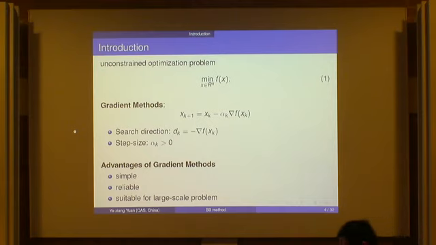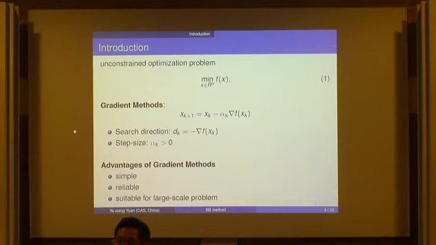All the gradient methods are in the same framework. The only difference is how you choose the step size alpha_k, and the different ways of choosing it are very important. Particularly for machine learning problems nowadays, with big data and large-scale problems, the objective is the sum of many terms.